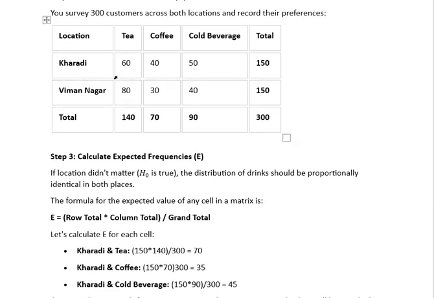In Kharadi, 60 people prefer tea, 40 prefer coffee, and 50 prefer cold beverage, so the sum is 150. In Vimannagar, the numbers are 80, 30, 40, and the sum is 150. So these are the row totals, 150 and 150, and these are the column totals, 140, 70, and 90, and this is the combined total, 300.